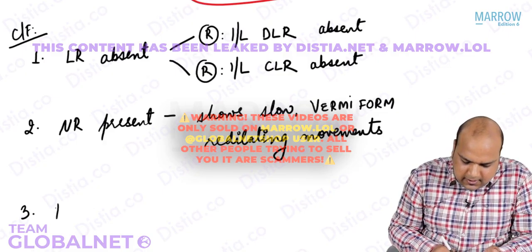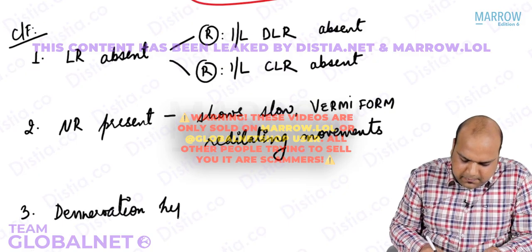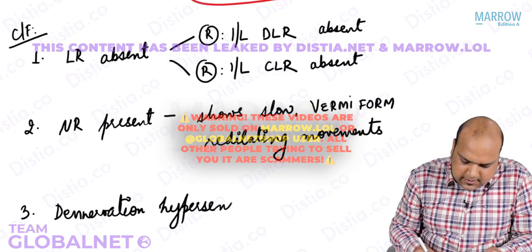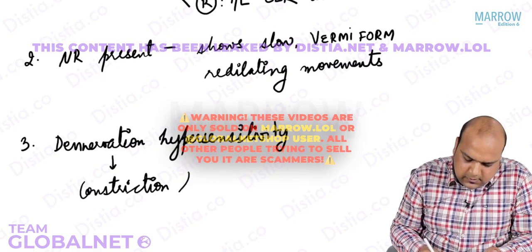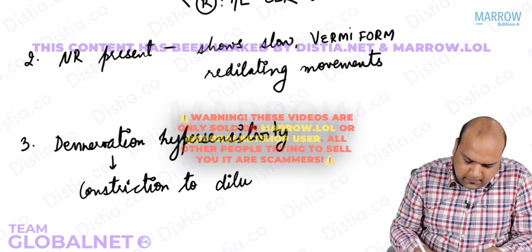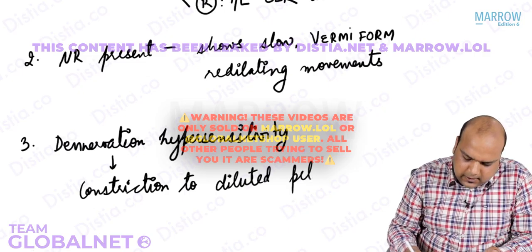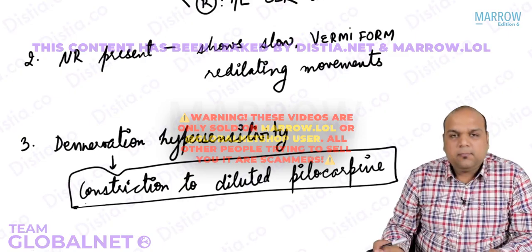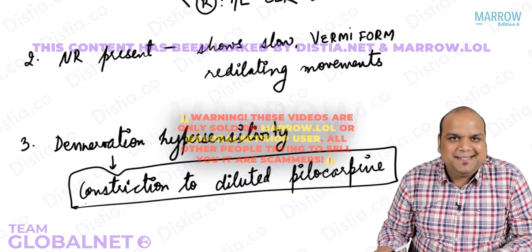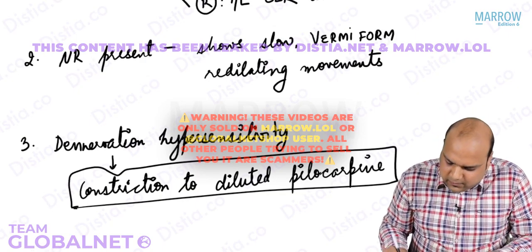Number 3, denervation hypersensitivity, or I can say constriction to diluted pilocarpine. Am I making myself very clear, everybody? Yes, sir. Done? Okay. Moving back, everybody.